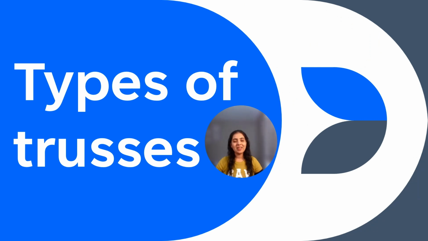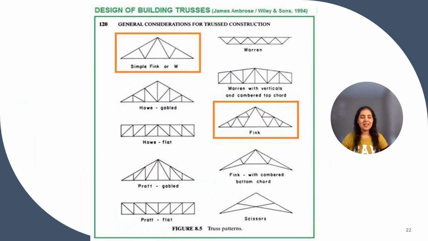Types of trusses. There are different types of trusses according to the arrangement of members. There are different types of roof trusses and different types of bridge trusses. So this is the simple Fink or W type of truss. See the shape of web members. This is a Warren type of truss.